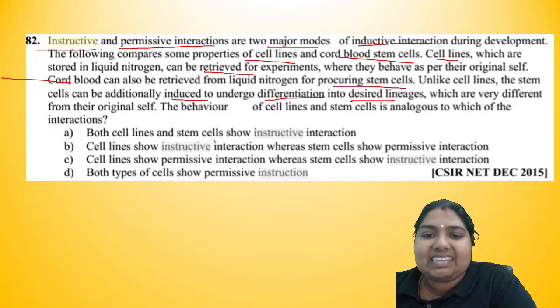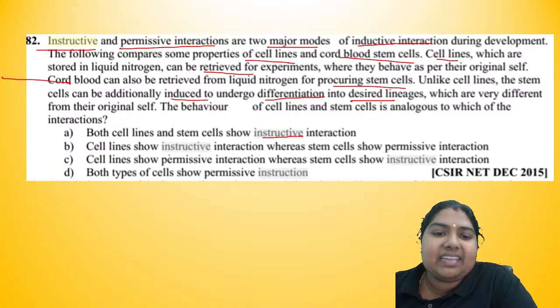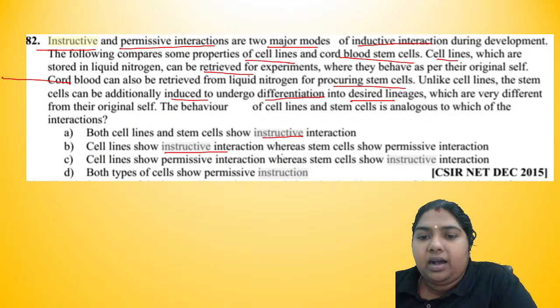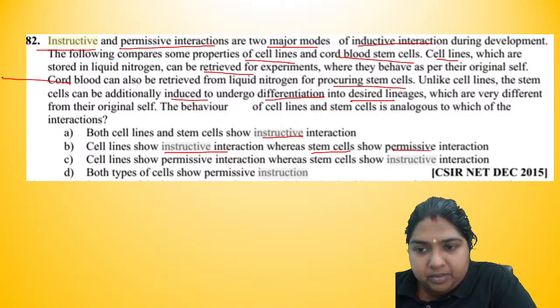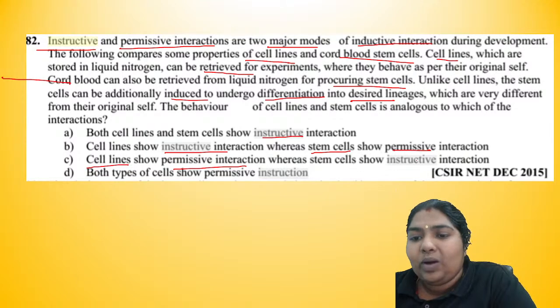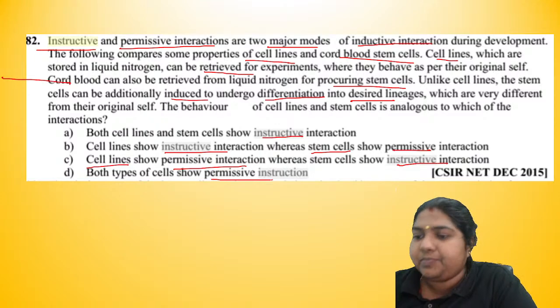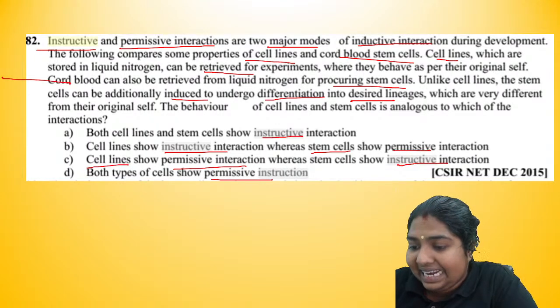Both cell lines and stem cells show instructive interactions. Or cell lines show instructive interaction, whereas stem cells show permissive interaction. Or cell lines show permissive interaction, whereas stem cells show instructive interaction. Or both of them are permissive. Which of the following is correct regarding stem cells and the cell line?